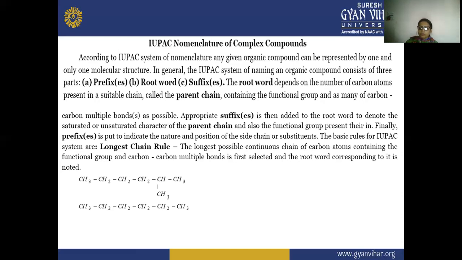Here, the parent chain consists of carbon with single bonds, and the functional groups and multiple bonds must also be present in that chain. The appropriate suffix is then added.